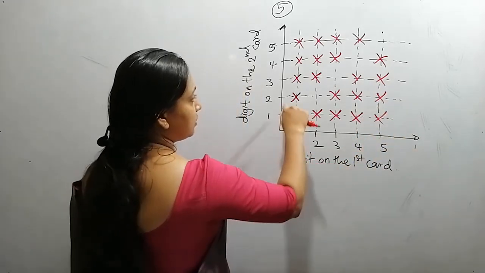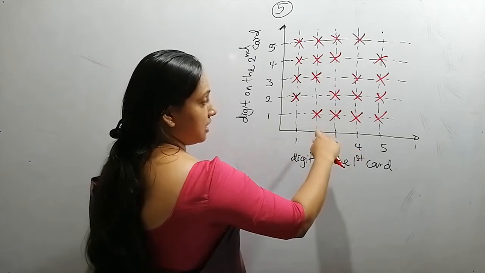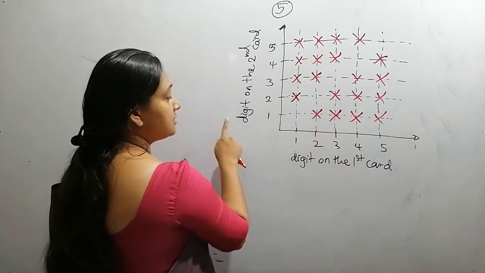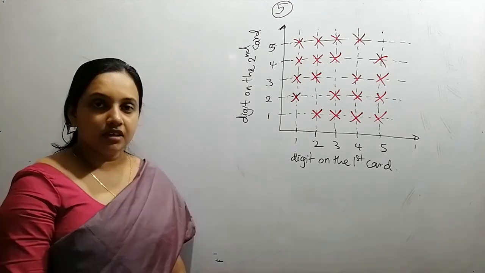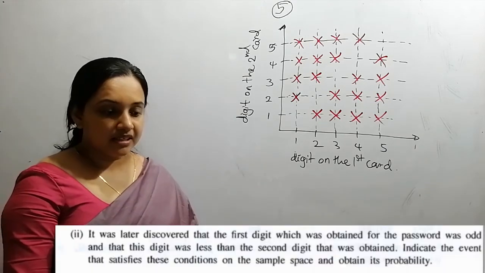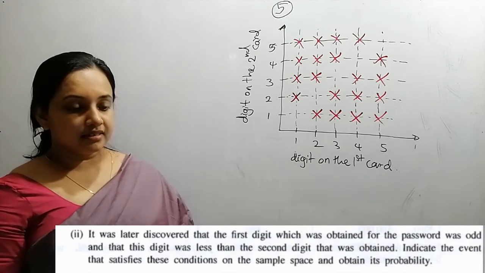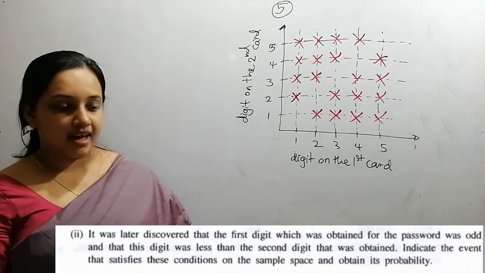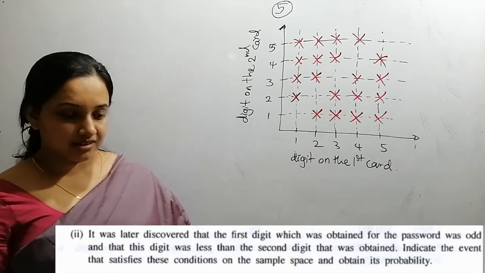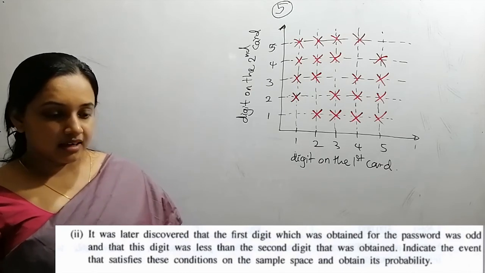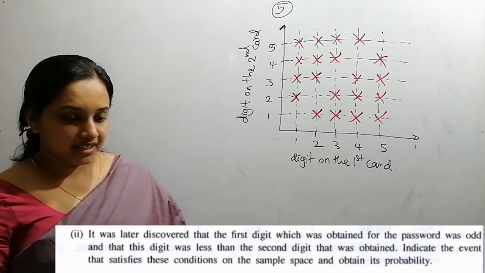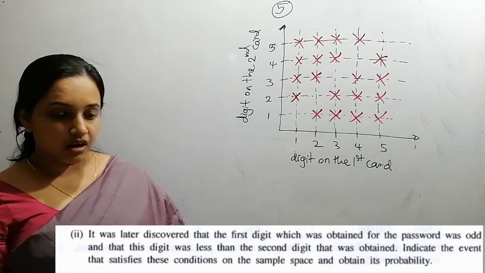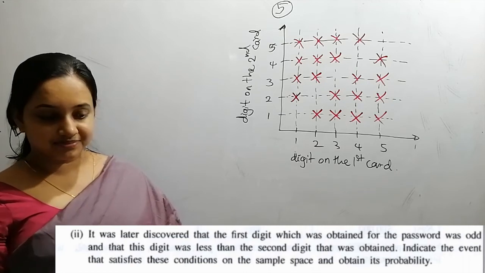Then here the cross marks show the sample space for the second card, the digit on the second card. Okay. Then part 2: it was later discovered that the first digit which was obtained for the password was odd, and this digit was less than the second one that was obtained. Indicate the event that satisfies these conditions on the sample space and obtain its probability.